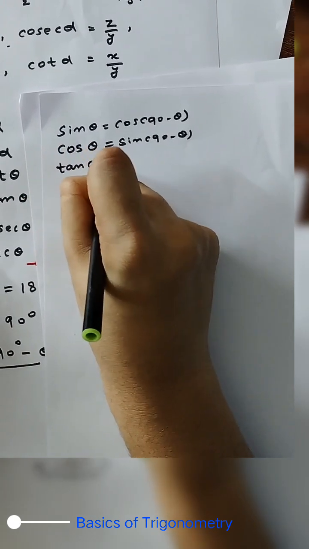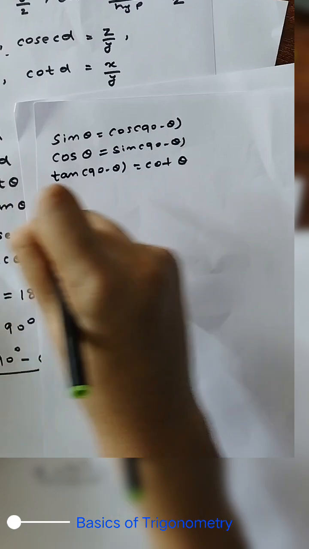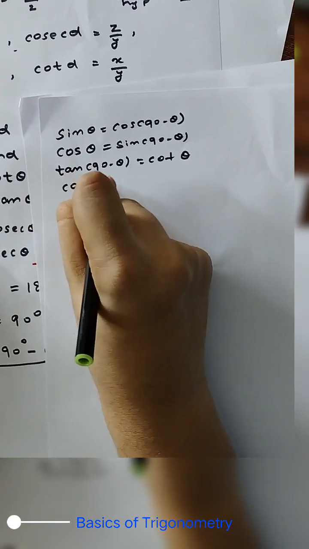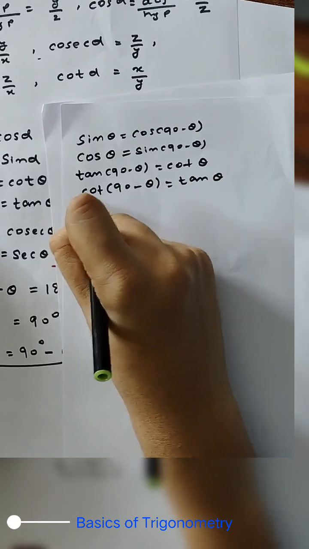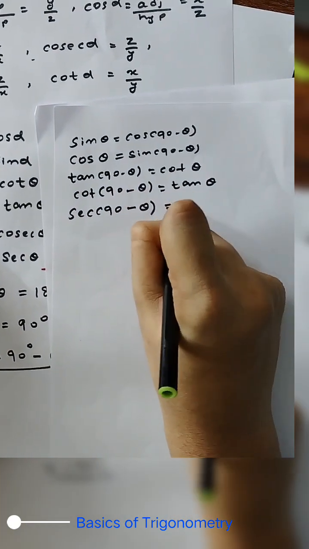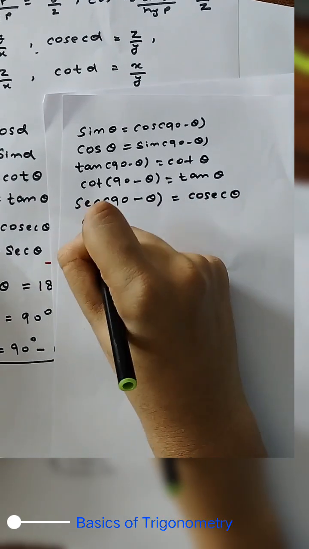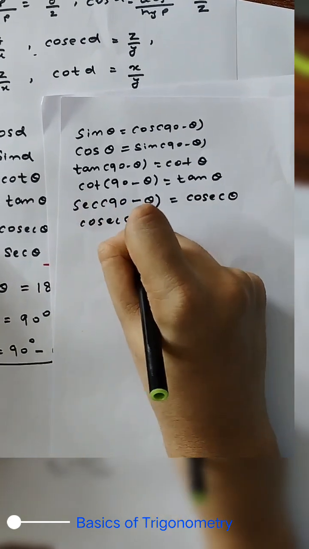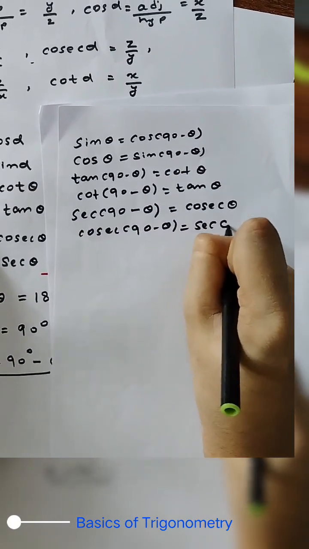Tan of 90 minus theta is equal to cot theta, and cot of 90 minus theta is equal to tan theta. Sec of 90 minus theta is equal to cosec theta, and similarly cosec of 90 minus theta is equal to sec theta.